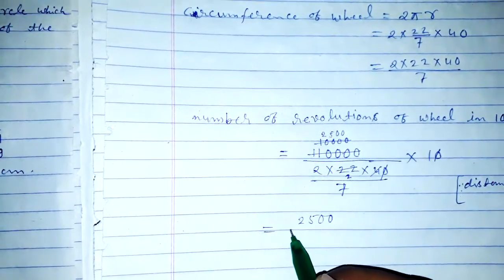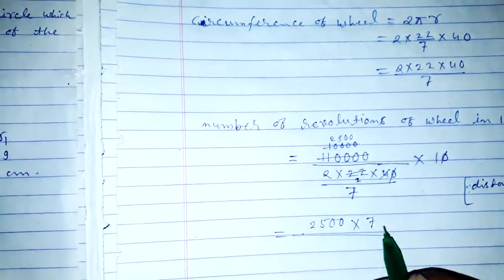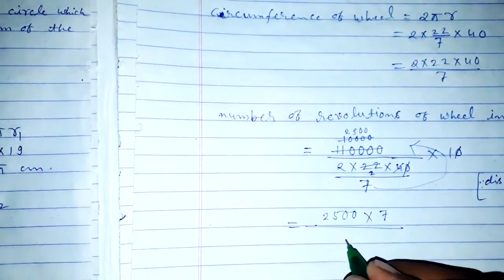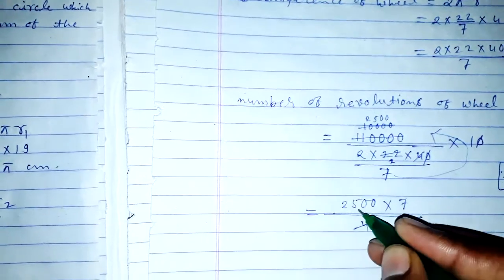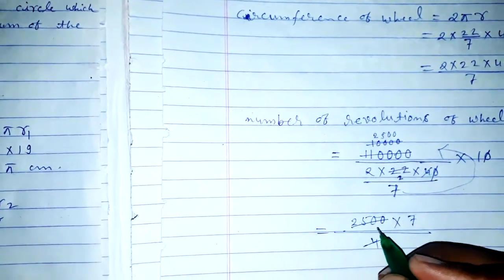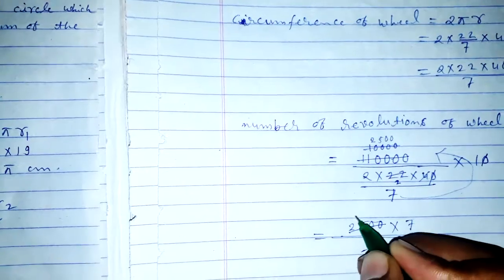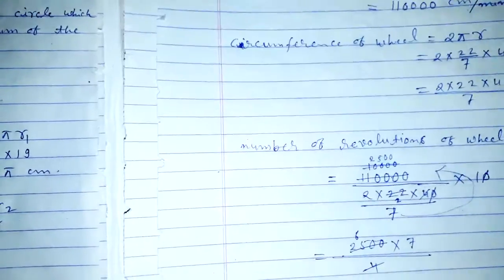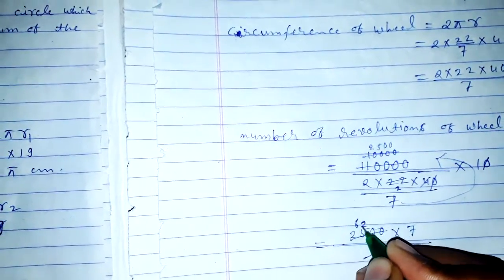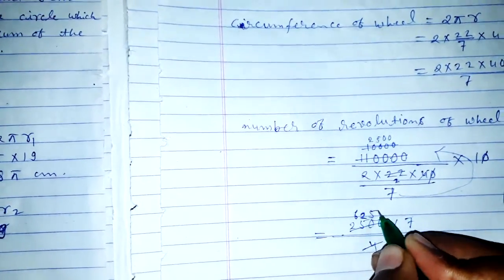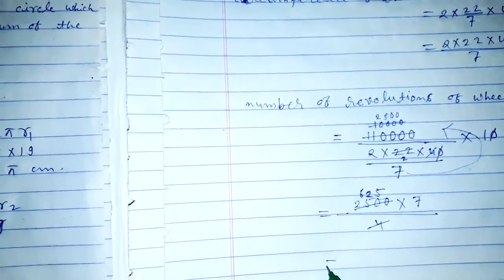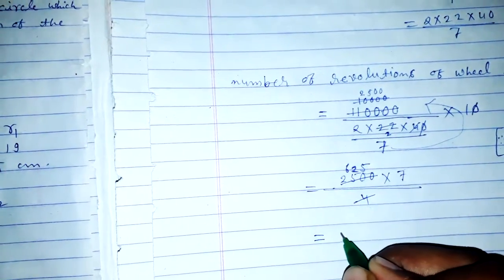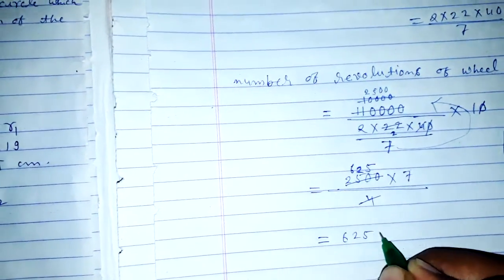2500 into 7, divide with this value, multiply here, and 2 into 2 is 4. So divide here again, 4 6s are 24, and 1, so this is 625 into 7.